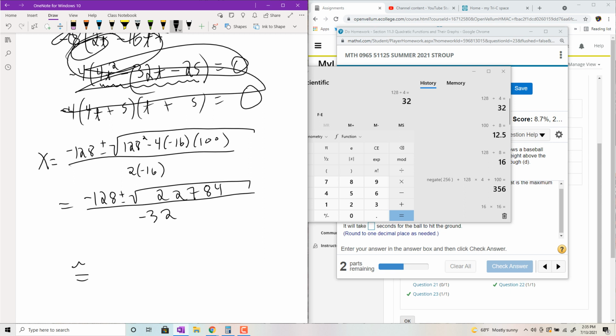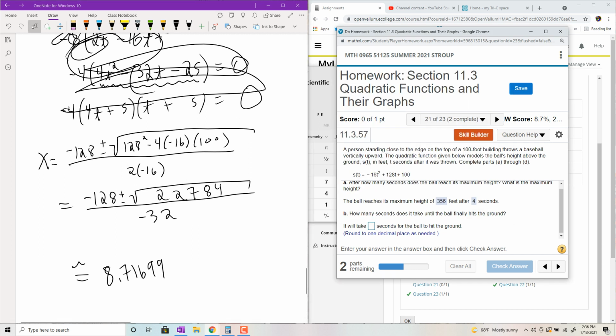And the other one, negative 128 minus the square root of 22784 divided by negative 32 is 8.71699. Okay, round to one decimal, so 8.7.